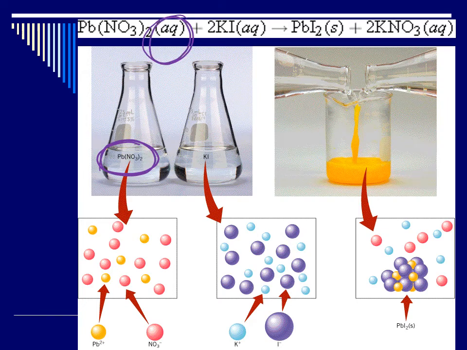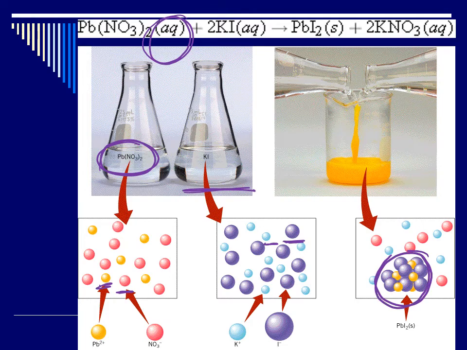So that means I have lead ions and nitrate ions sitting in solution. In the other solution, I have potassium ions, those are the little bluish ones, and iodide ions, which are the larger purple ones. So if you can imagine, there's water molecules in between everything, but here we have all these ions that are separated from one another. When those two solutions are mixed, the lead and the iodide form this solid.